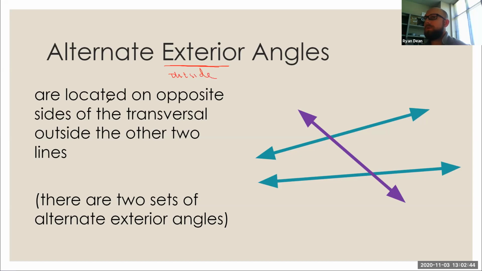So we're still going to be on the opposite side of the transversal, but instead of being located inside the sandwich, we're going to be on the outside of the sandwich. Again, with these, there's only going to be two sets of alternate exterior angles.